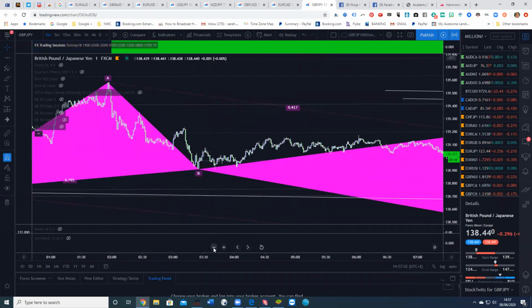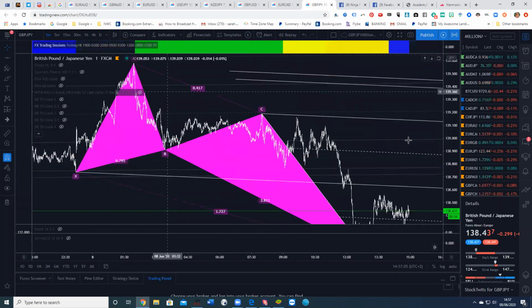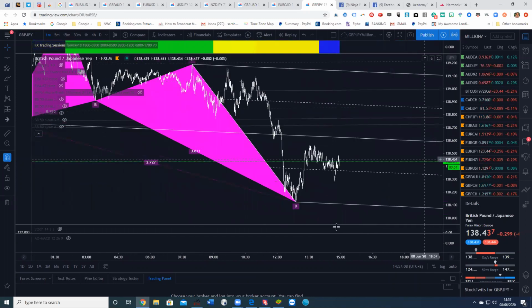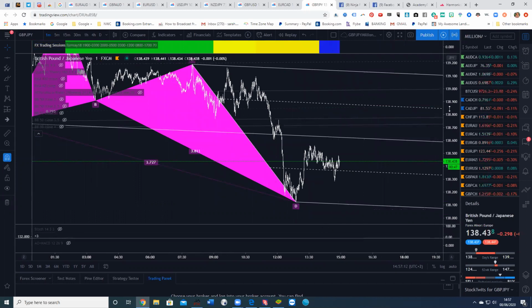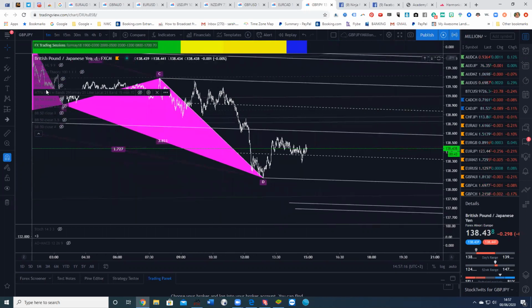Just want to see if we can get this marked up for you. There we are. So we switch back on our orange line, price is moving above it, and it's rejected, it's broken and retested the pitchfork.